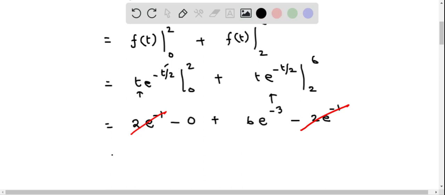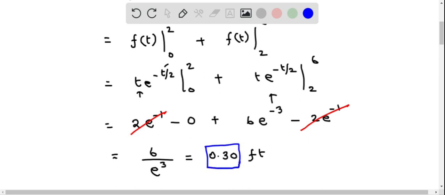And finally, we are left with only this expression, that is 6 e power negative 3, or otherwise 6 divided by e power 3. And the numerical value of this expression is approximately 0.30, and this is in feet. So the total distance traveled by the particle in the first 6 seconds is 0.30 feet.